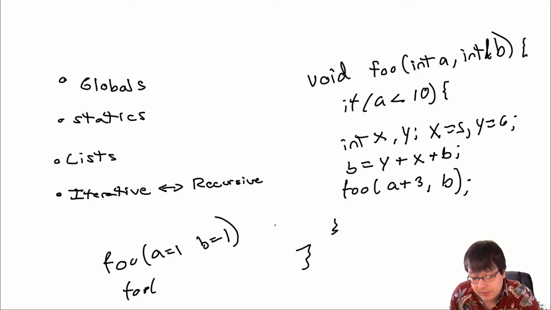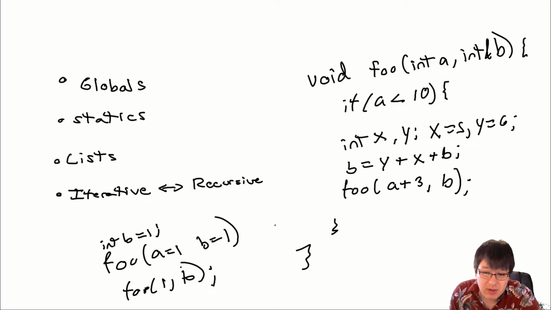Actually, no, this would have to be a variable. So somewhere here we have a variable b equal to 1, because otherwise we can't call this on a literal, right? We talked about that with the L values and R values, because that's being passed by reference.